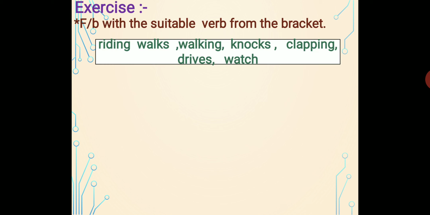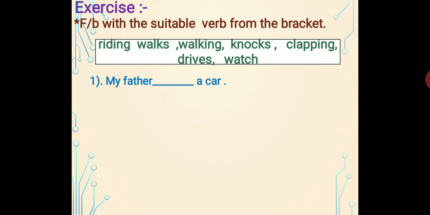Here we have given the bracket, and what are the verbs in the bracket? Riding, walks, walking, knocks, clapping, drives, watch. Right? Now let's see the first sentence of the exercise. My father dash a car. Before we start this exercise, just clear one thing.